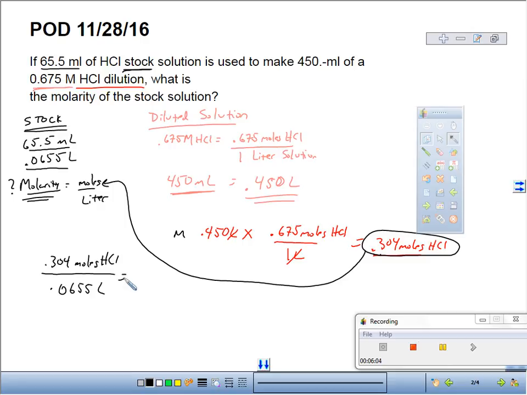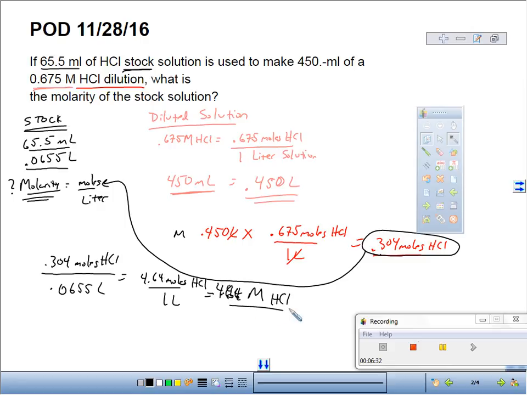We can now find the moles per liter. If I solve for that, my answer is that it's about 4.64 moles of HCl for every 1 liter, or 4.64 molarity of this HCl.